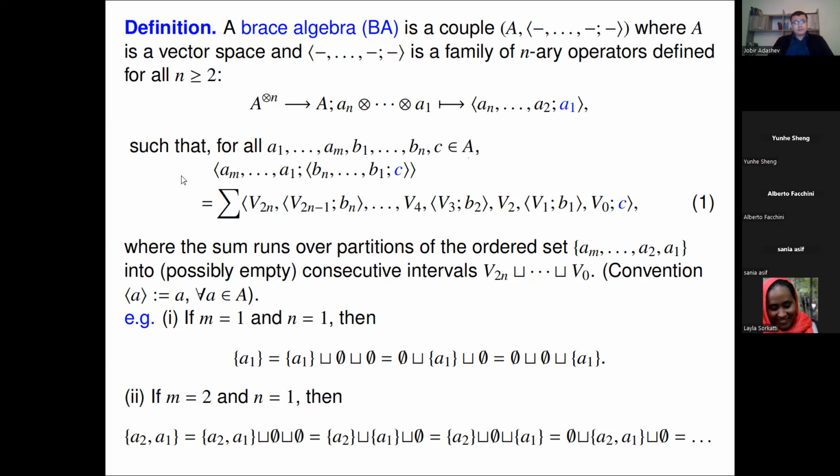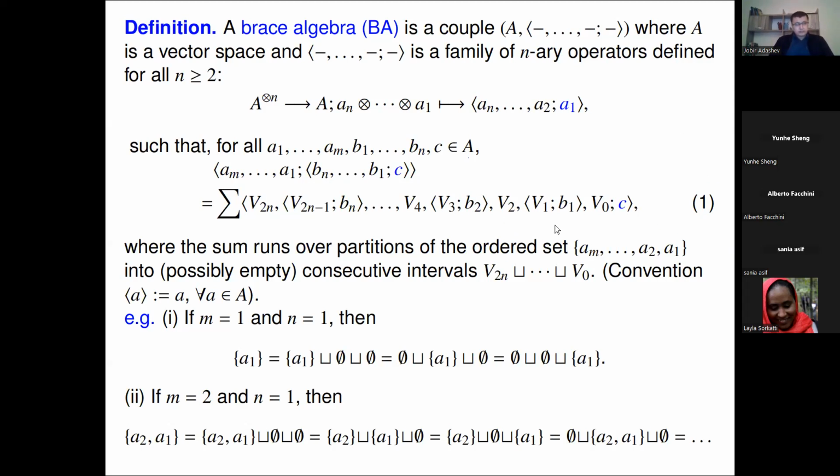And this operation satisfies some compatibility condition. Here, if the special argument A1 is again some brackets, then we have this relation. So it's a sum of some brackets. Let's look at this bracket.